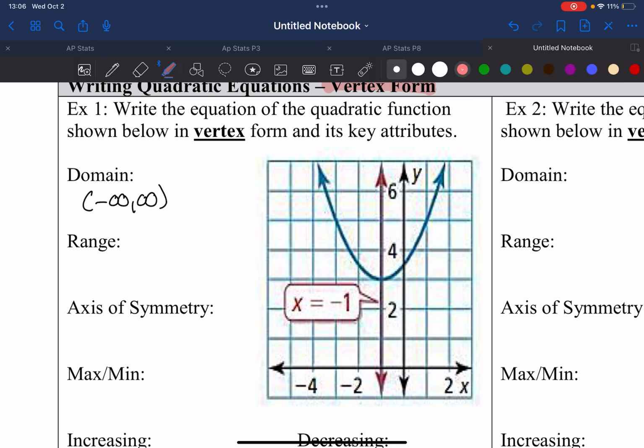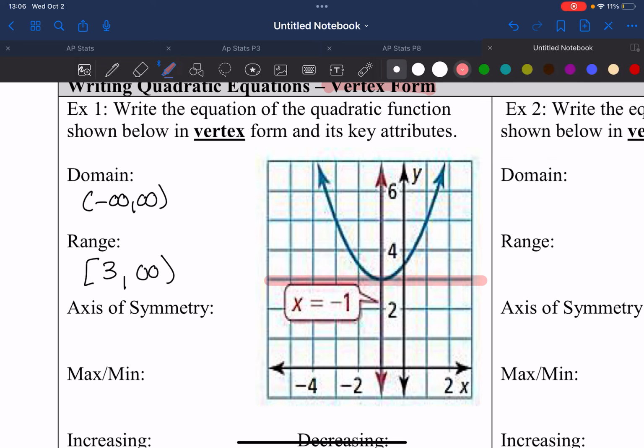Our range is always going to be our lowest and greatest y values. So we're starting at 3 as our lowest value and going to infinity.